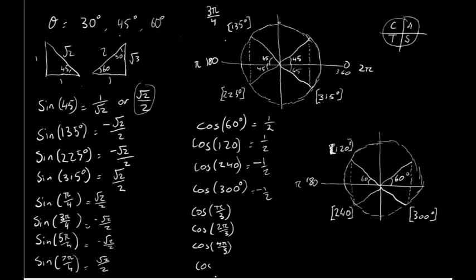And then cos of 300, well, that's 2 pi take pi on 3. So I would have 5 pi over 3. And there they're going to be the same numbers and found exactly the same way as we did with the degrees. So half, half, minus half, minus a half.